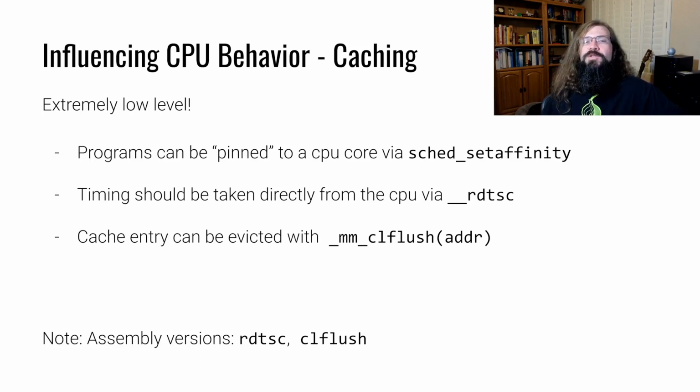Well, we can force this to happen by pinning the programs to a specific CPU core or CPU thread. We do this with the C function sched_setaffinity. Once this function is called, that process will not be able to be migrated off of that core to another one, regardless of how busy the core that it was assigned to gets. It's just going to have to deal with the congestion and busyness of where it has been pinned.